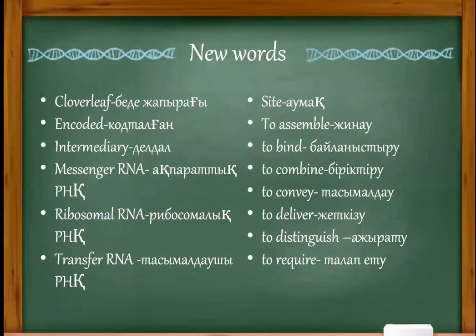Let's listen to new words. Cloverleaf, бедер жапырағы. Encoded, кодталған. Intermediary, делдал. Messenger RNA, ақпараттық РНК. Ribosomal RNA, рибосомалық РНК. Transfer RNA, тасымалдаушы РНК.